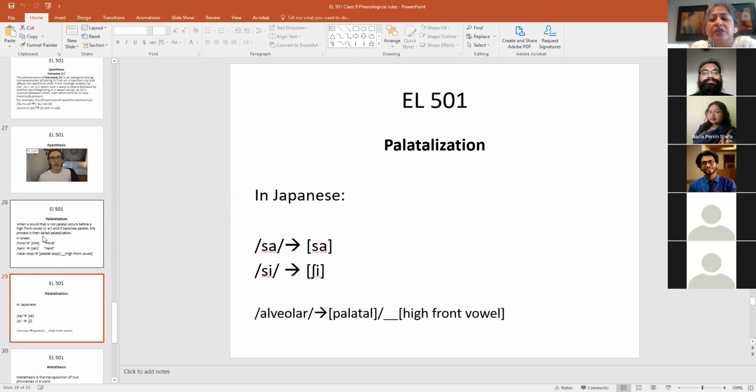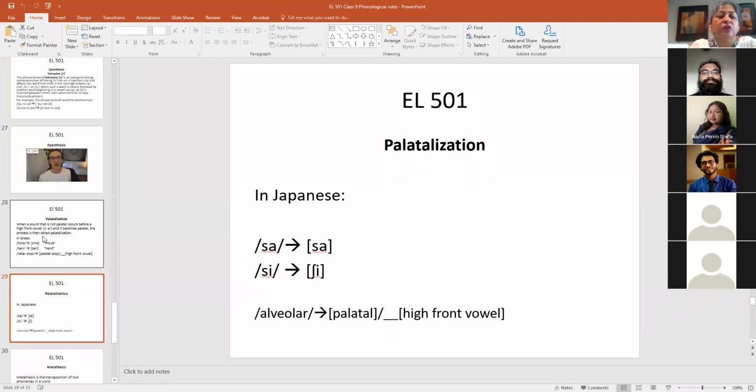So an alveolar sound like s becomes a palatal sound, sh, when it occurs in front of a high front vowel. Okay? So that is palatalization. No, the example I had for Bangla is actually not going to be appropriate here. Maybe later on I can explain that.